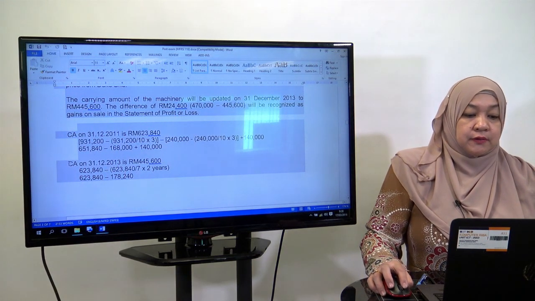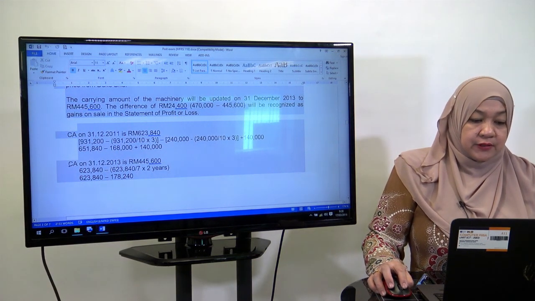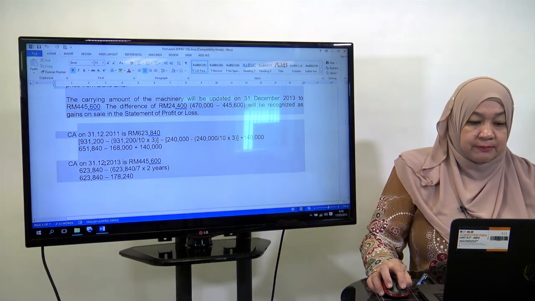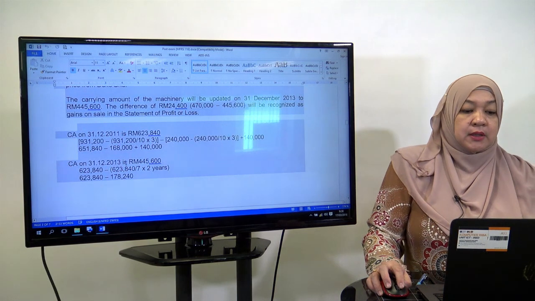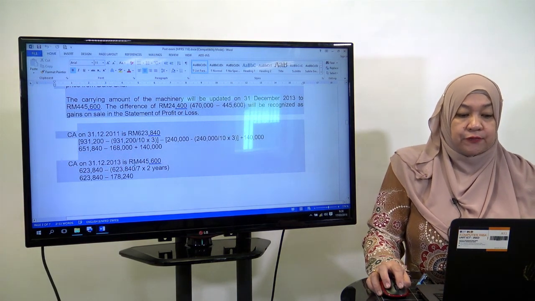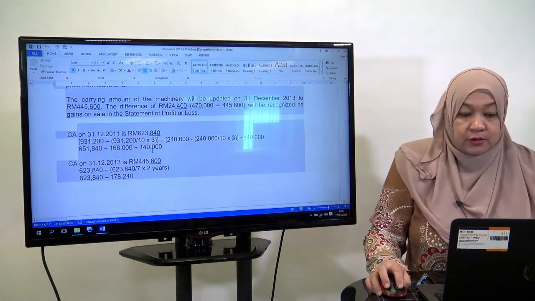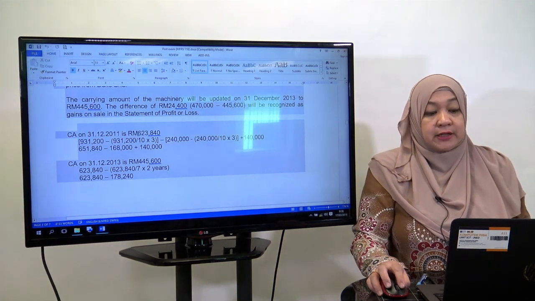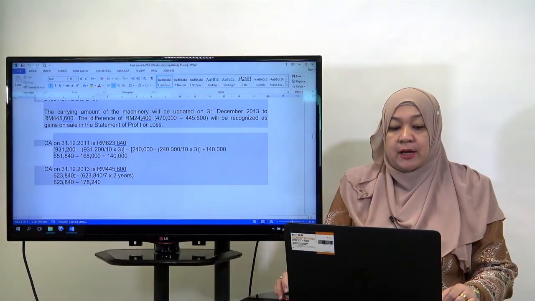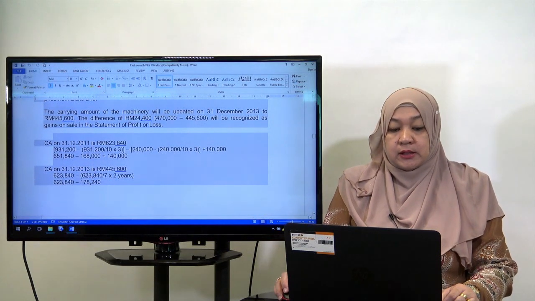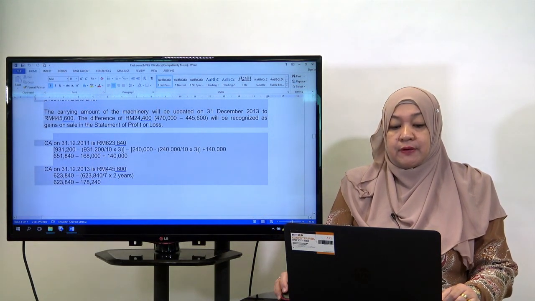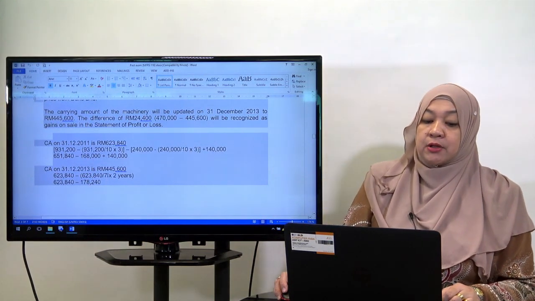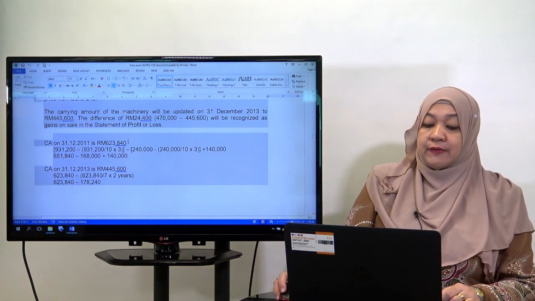Then from 1st January 2012 until 31st December 2013, the carrying amount is 445,600, which is determined by a continuation of the carrying amount 623,840 minus 623,840 divided by 7, which is the remaining useful life, because the useful life is 10 years.